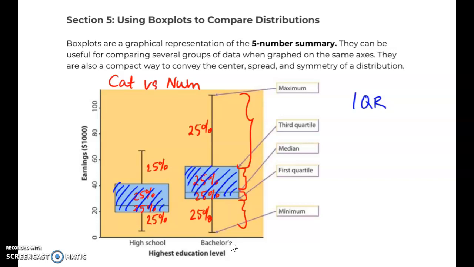As you can see, the different parts are a little closer together, whereas the distribution for someone who completed a bachelor's degree seems definitely more skewed to the right, with a longer tail on the right. Again, we don't know exactly what's happening inside, but we can definitely see that when we're looking at the upper 50% of the data, it's much more spread out. You see these box plots both vertically and horizontally.